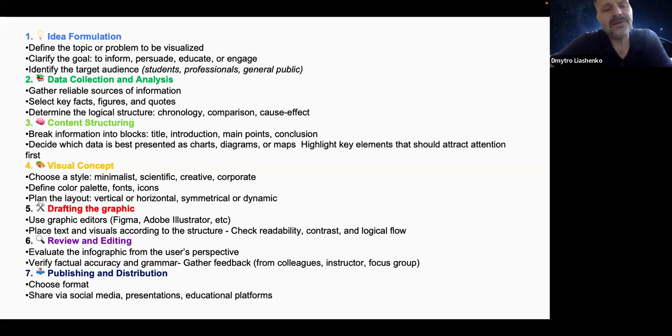Another important step is review and edit. We should evaluate the infographic from the user's perspective. A very good idea is to ask our tutor, our teacher, to review the graphic.